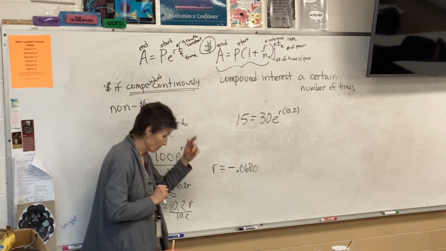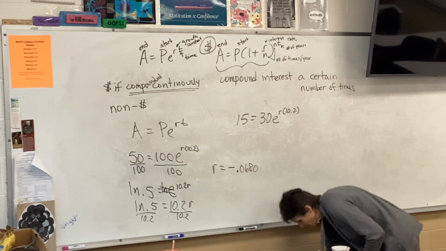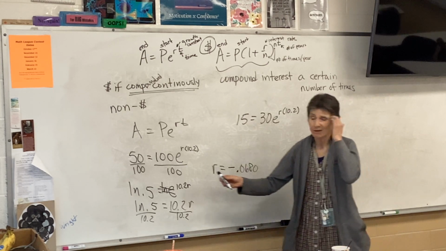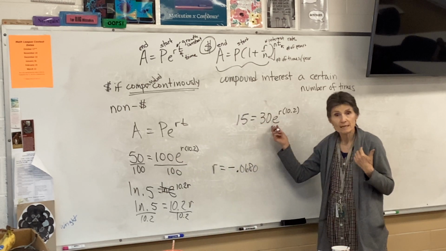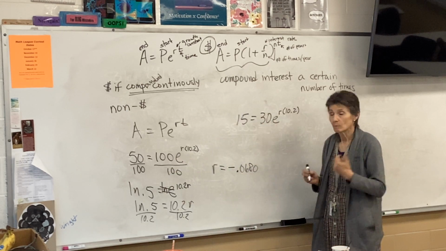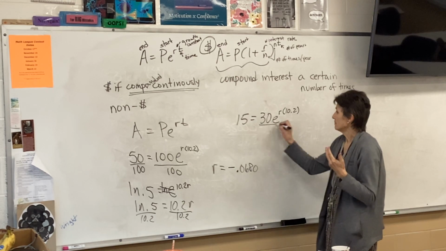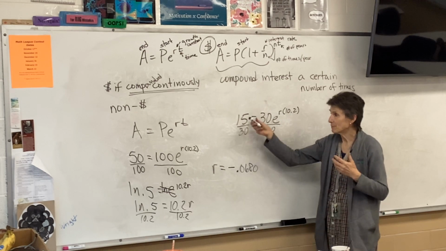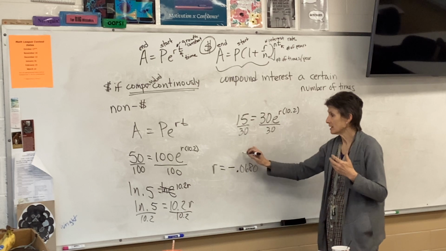Perfect. Now, let's come over here and solve your equation. Remember, we were a little baffled and Miss Ford was just making up numbers. I said, I think I'll start with 100. But you said, I think I'll start with 30. Okay, we're going to solve your equation now. What's step one? Divide by 30. And what happens right here, guys? When you divide by 30, isn't that going to be 0.5?